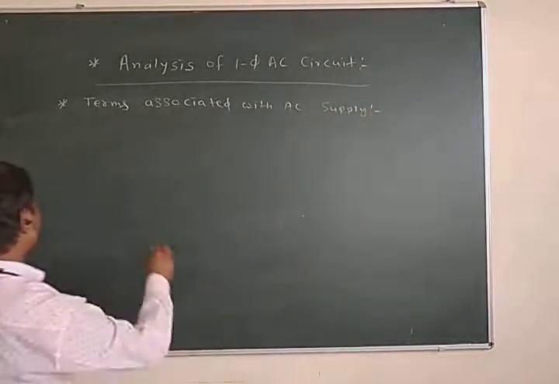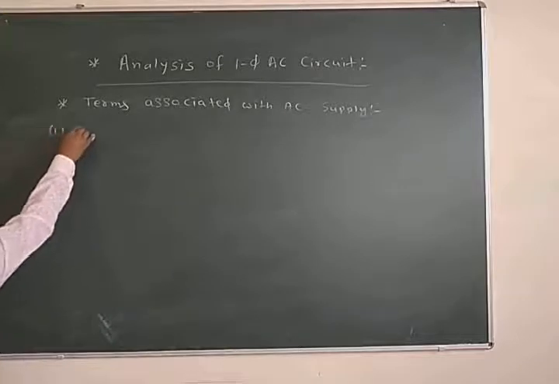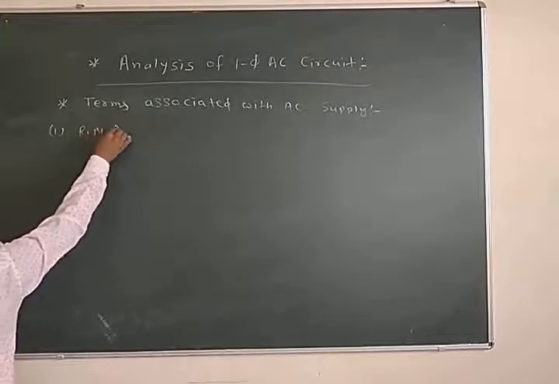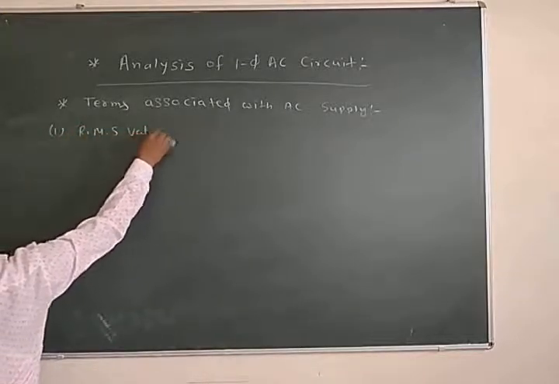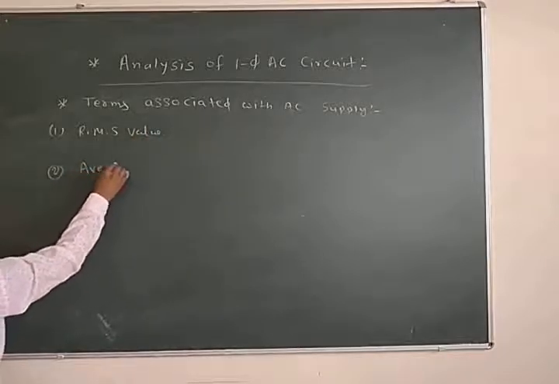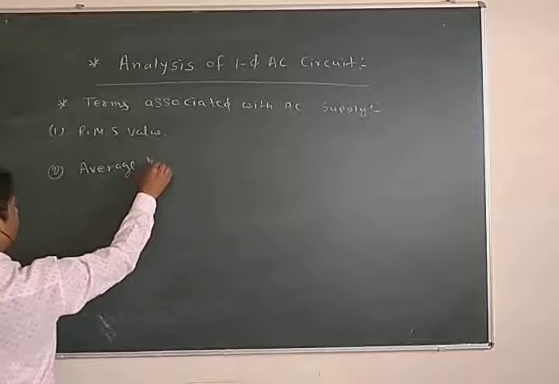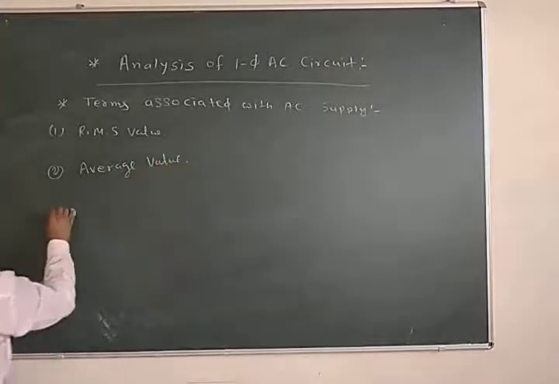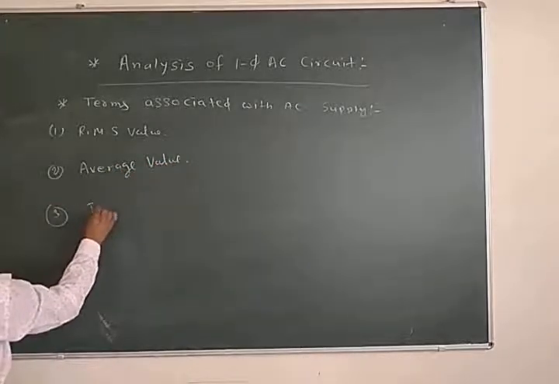So one is RMS value, second is average value, third is instantaneous value.